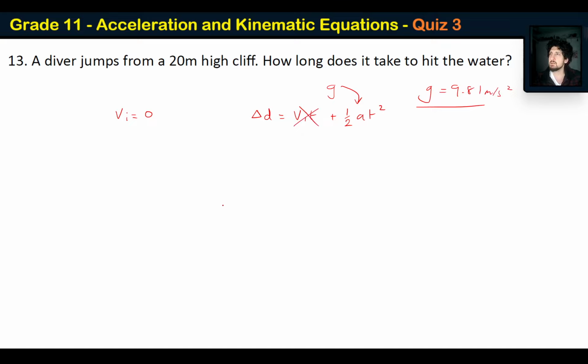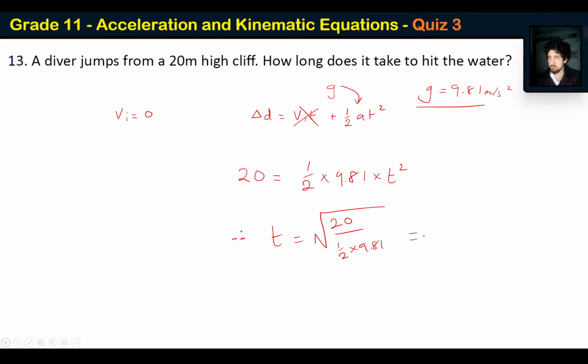So I can get rid of this, and I can just do 20 is equivalent to half times 9.81 times t squared. Therefore, t is equal to the square root of 20 divided by half times 9.81.